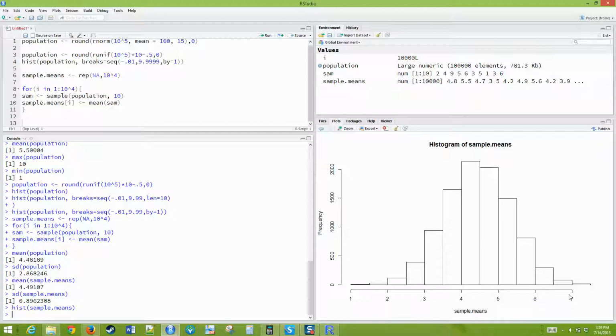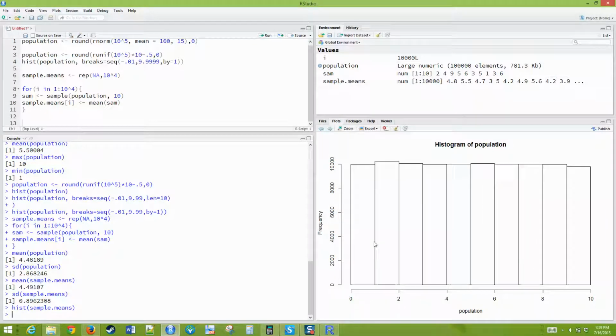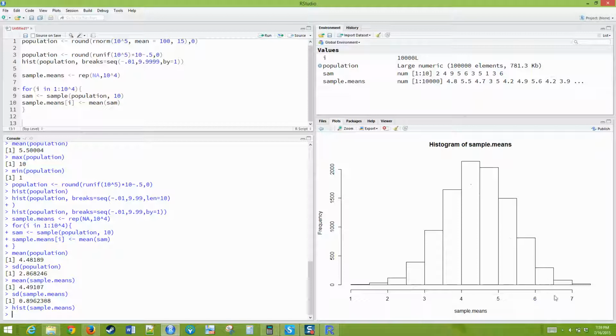Again, that seems very unlikely to actually pull off. So we see that we don't have anything at the extremes, whereas in the population, it was equally likely to get a 0 as it is to get a 9, as it is to get a 4 or a 5. But when it comes to sample means, we get the normal distribution here.